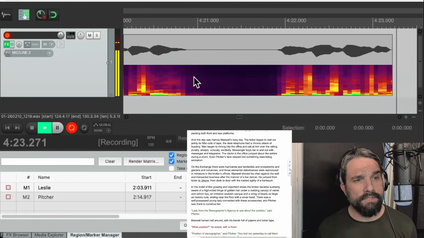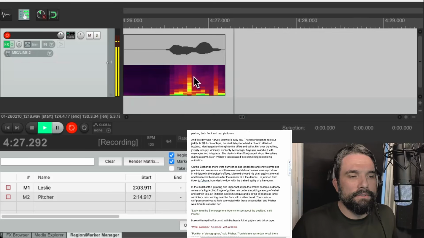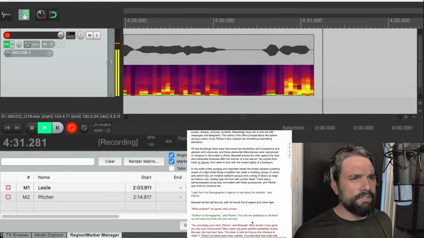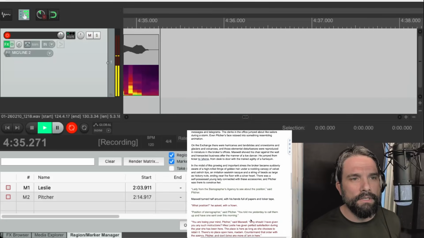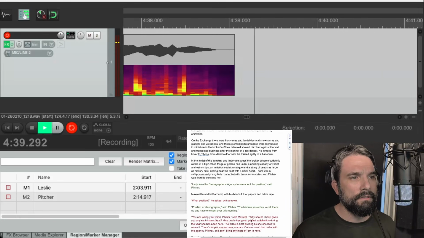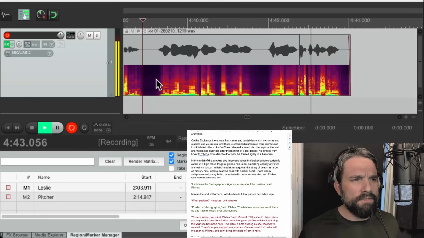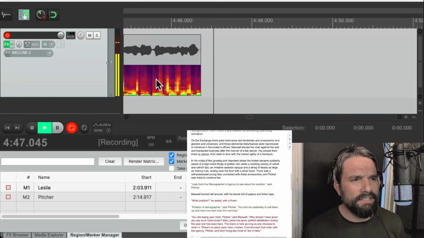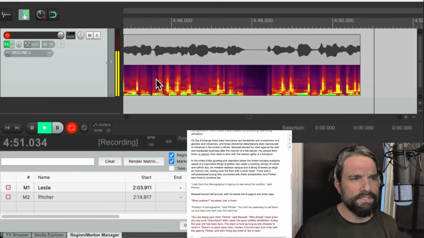"Lady from the stenographer's agency to see about the position?" said Pitcher. Maxwell turned half around, with his hands full of papers and ticker tape. "What position?" he asked with a frown. "Position of stenographer," said Pitcher. "You told me yesterday to call them up and have one sent over this morning." "You are losing your mind, Pitcher," said Maxwell. "Why should I have given you any such instructions? Miss Leslie has given perfect satisfaction during the year she's been here. The place is hers as long as she chooses to retain it."